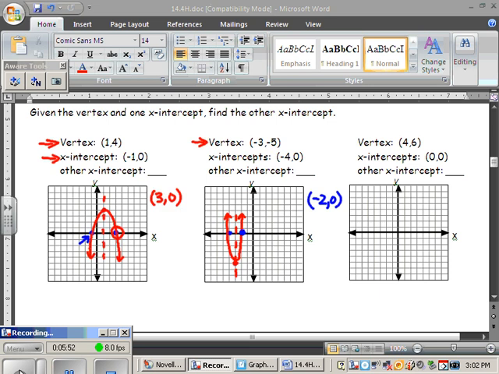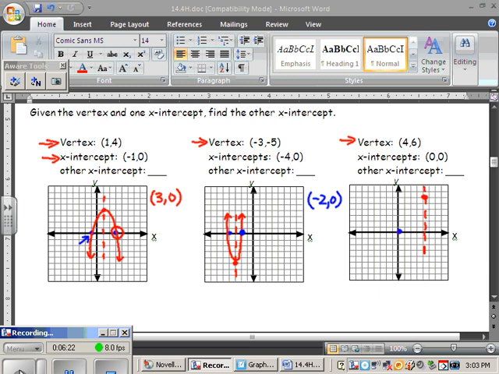In this last problem, the vertex is (4, 6), which is located right here on the graph, and we have an x-intercept at (0, 0). Let me make that x-intercept blue. So if we draw our axis of symmetry, you can see that the blue dot is 4 spaces to the left of the red line.